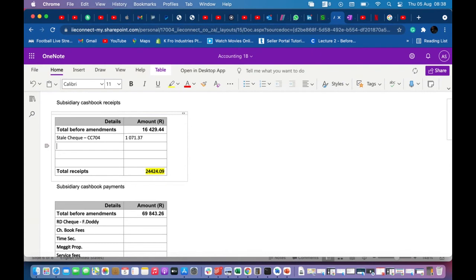37. The next one where we wrote CRJ was on the bank statement, and it was that direct deposit by T Turner. So here you can write direct deposit and T Turn.